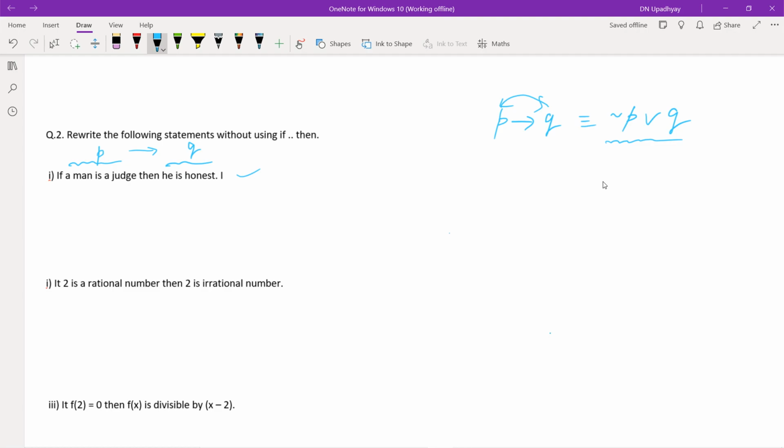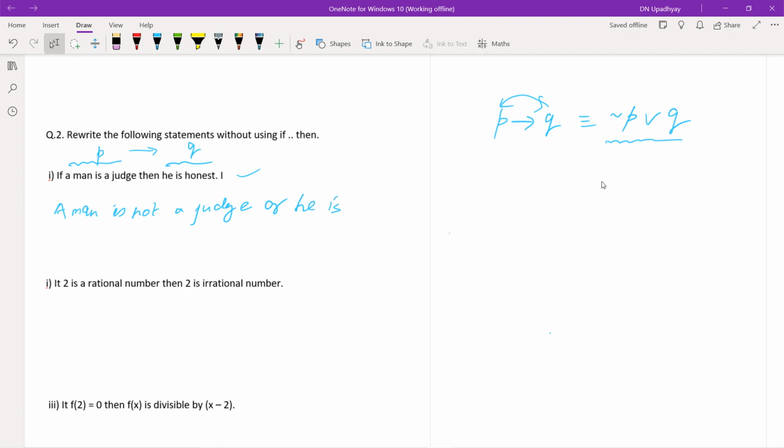We can write if and then in terms of negation P or Q. So here we can write without using if and then, a man is not a judge.